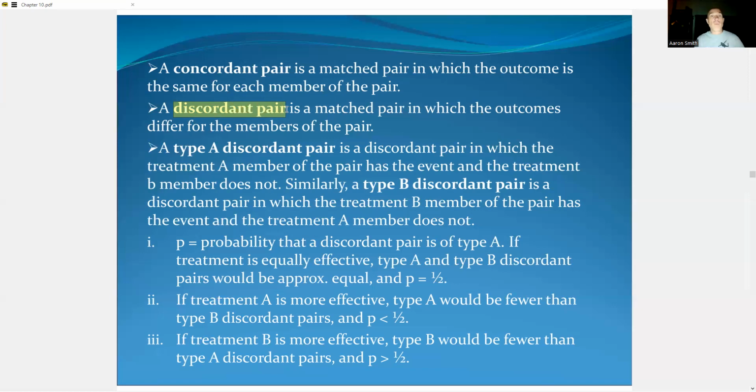So the idea of where we're going is that we're going to analyze how many pairs match and how many pairs don't match.